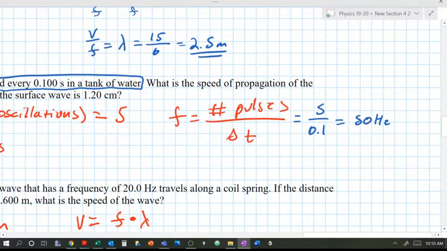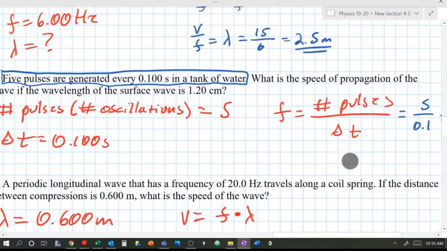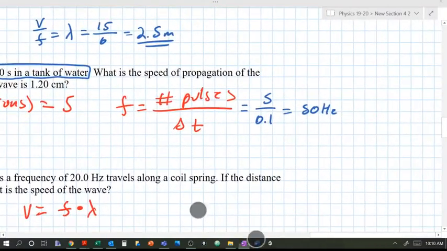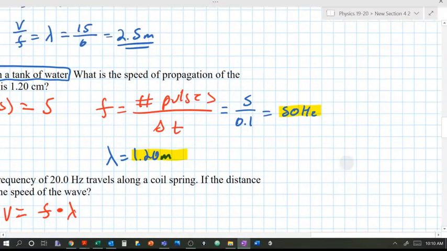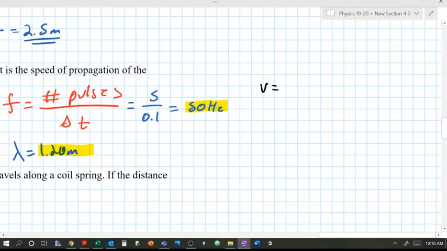Now we can get the velocity though, because we already know the wavelength. The wavelength was given to us, 1.20, and we can get the velocity with that frequency and that wavelength. The velocity will be frequency times wavelength. 50 times 1.2.